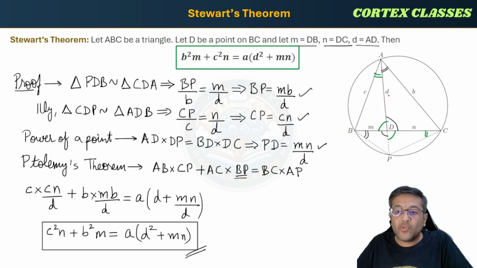If you have a triangle ABC, then you take the squares of these sides. The first thing is the line AD, on which D lies, and the two sides with the other two sides we have to select.